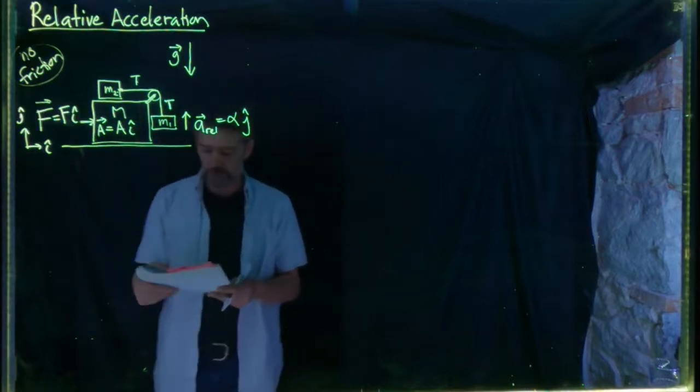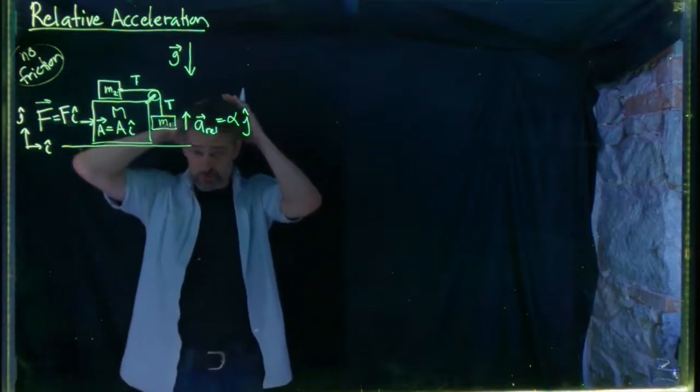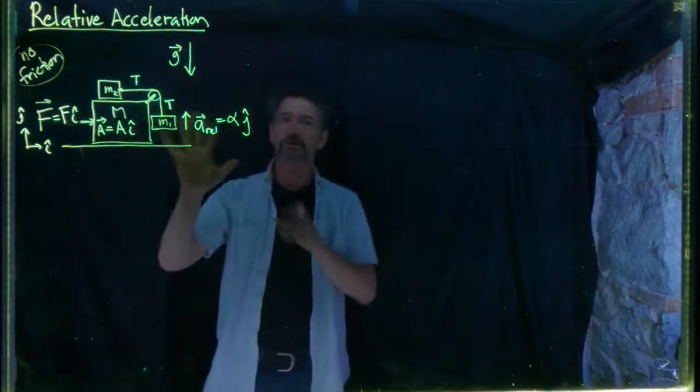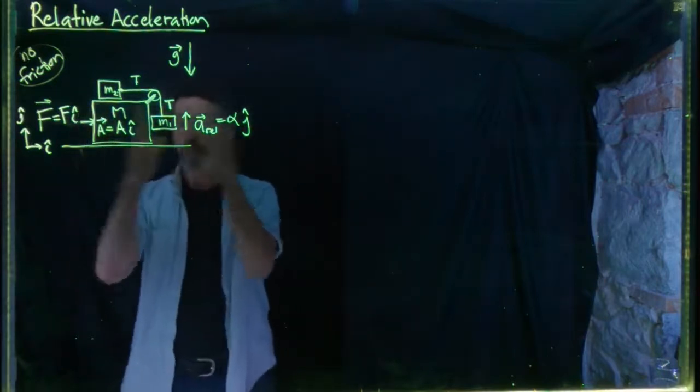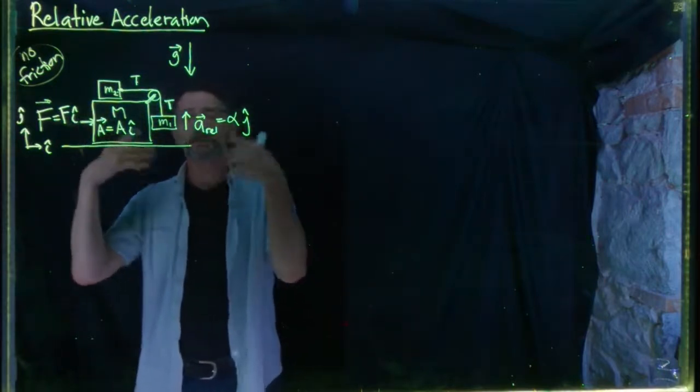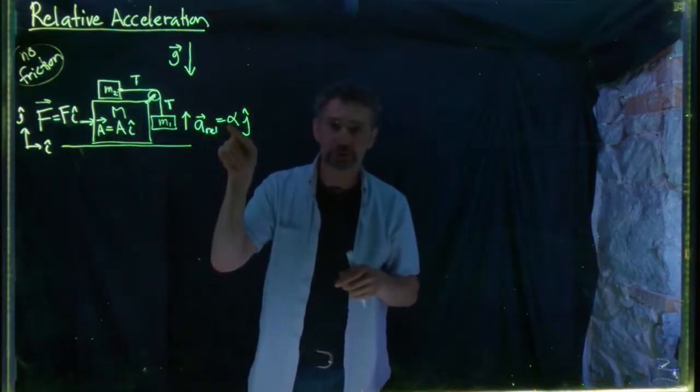That's the relative acceleration. However, and now this is the super important point, such relative accelerations, accelerations seen by observers attached to accelerated objects, in other words, observers in an accelerated reference frame, are not the kinds of accelerations that appear in Newton's second law.